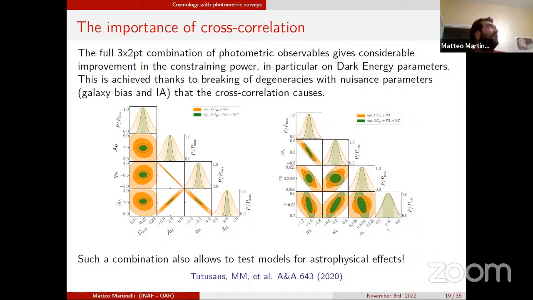So this could be an issue indeed. We have to remind that here, for the moment, in this forecast, we are assuming basically that the galaxies on which we do the position correlation function and the galaxies on which we get the shape are the same set. So basically, this creates necessarily a consistency between the two. You are accounting for the fact that it's the same set when you do the cross-correlation. Indeed, if you cross-correlate different surveys, which can be done, it should be done, this is an issue that has to be taken into account.